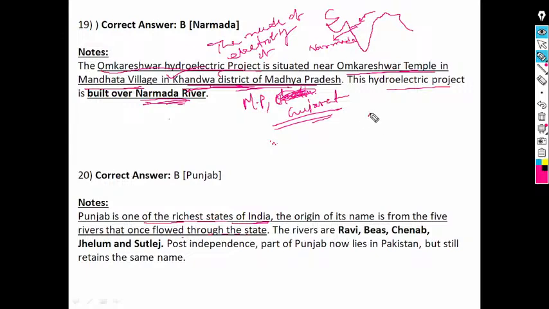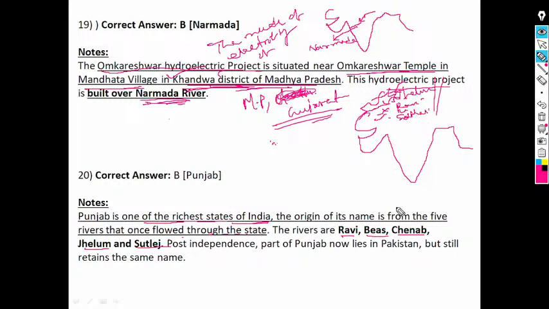Who are those rivers mainly? The rivers are Ravi, Beas, Chenab, Jhelum and Satluj.